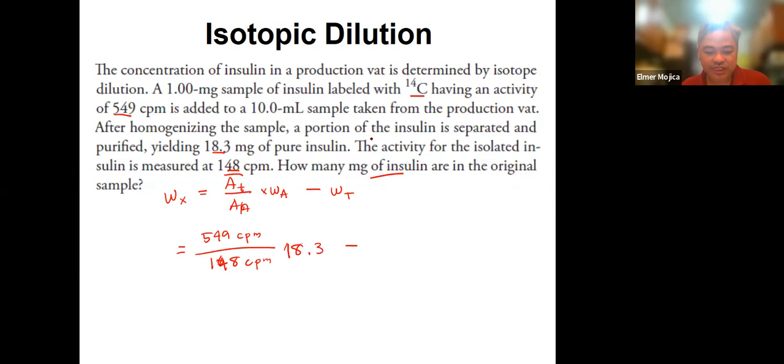Then our WT is the 1. So what now is the Wx? That is the mass or weight of the original sample.